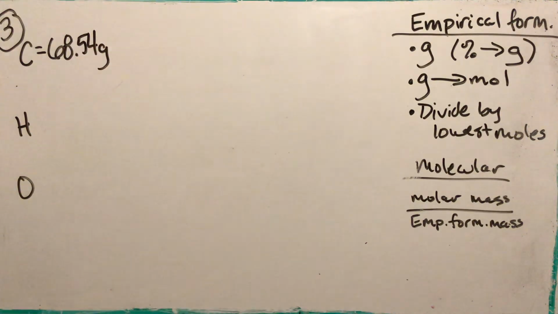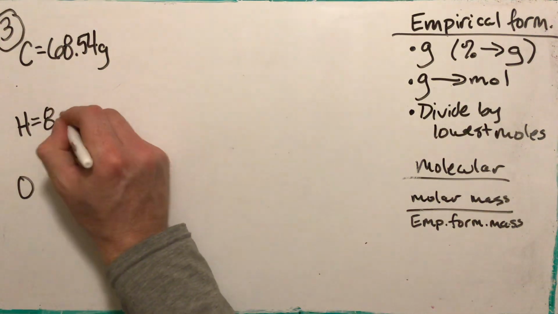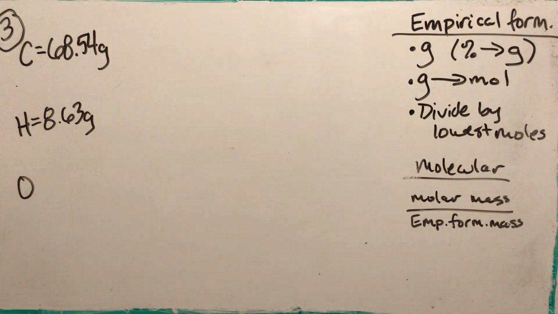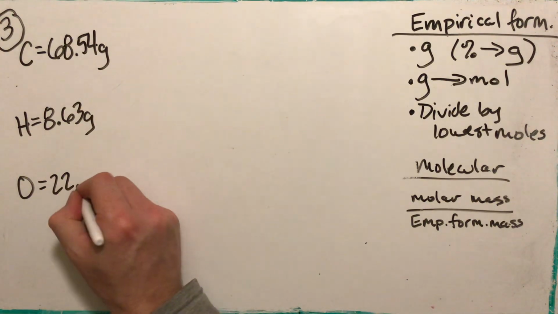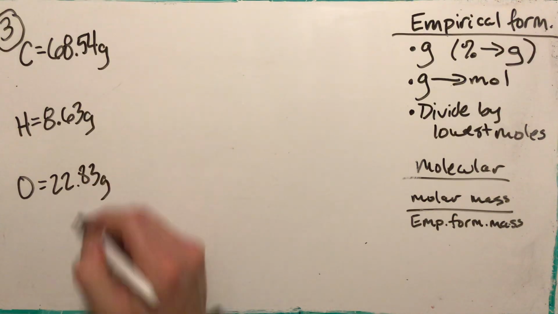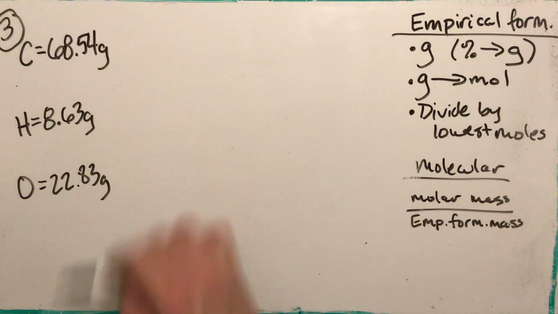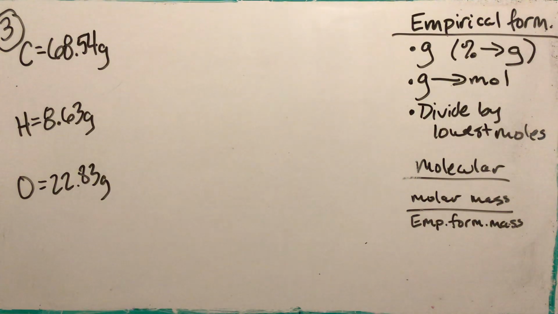And instead of percent, it's grams. Hydrogen's percent composition was 8.63. And instead of percent, I'm writing grams. And oxygen was 22.83%, which of course I changed the percent into grams. If I add up these numbers, they will add up to 100, right? Because it was a percent, 100% composition.